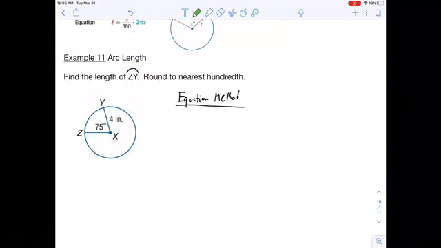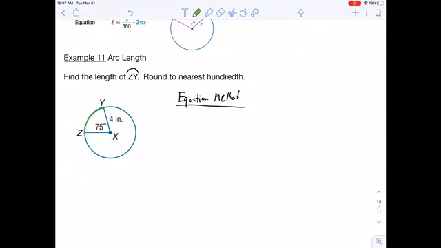All right, and on to our last problem of the problem set, example 11, finding the arc length. They asked us to find the length of arc ZY, and we already know that its degree measure is 75 degrees. But it's not asking for the degree measure, it's actually asking for its length, a linear measure.